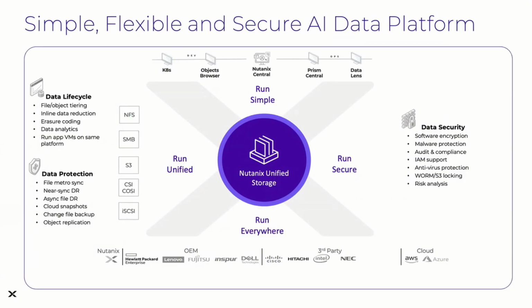Run everywhere. That's the foundation for us. Given we are software defined, the same solution will run at the edge, in the core, and in the cloud. And then run unified. You don't need a separate siloed solution for running files, objects, or block. All of them are consolidated onto a single platform to give a very turnkey solution to build intelligent applications.